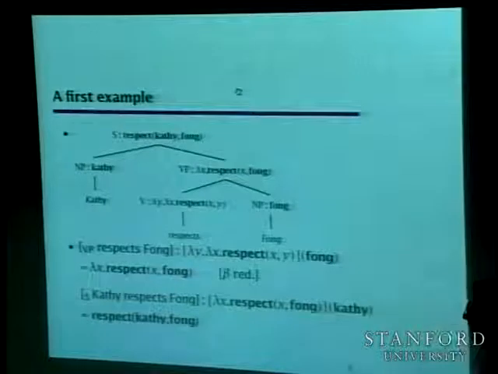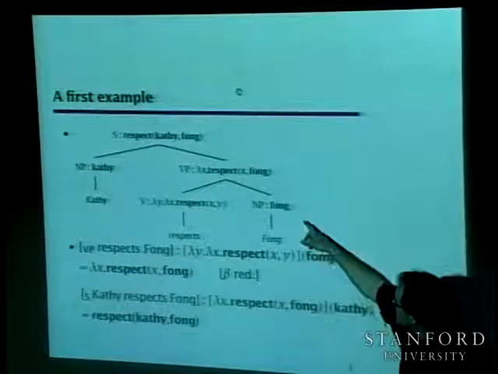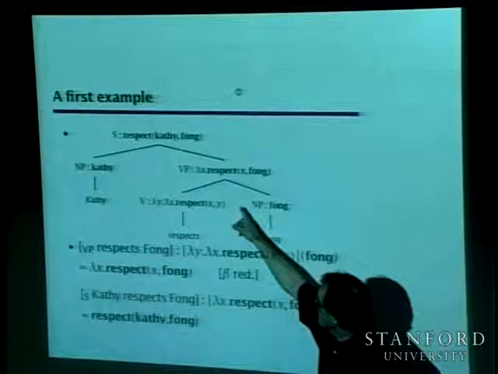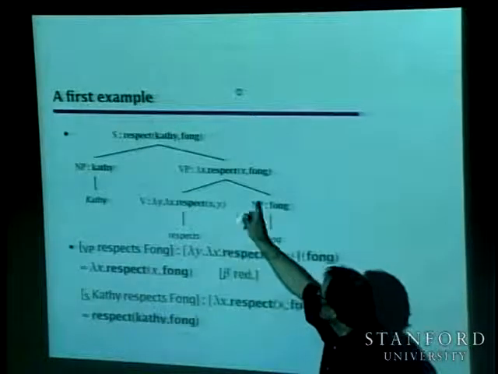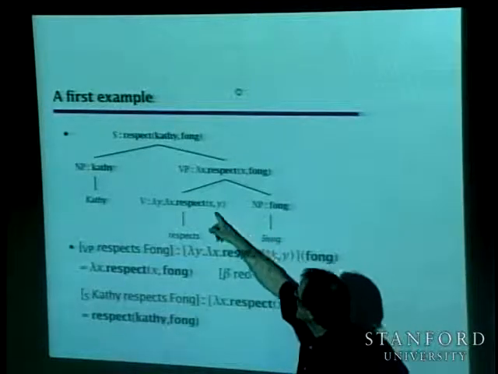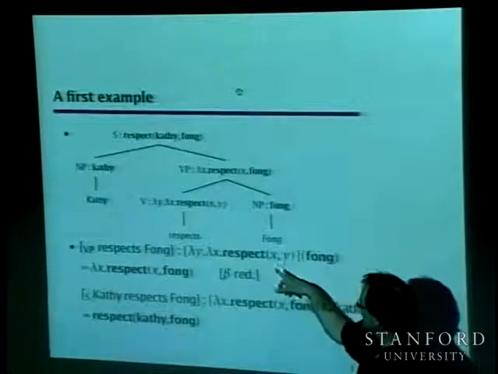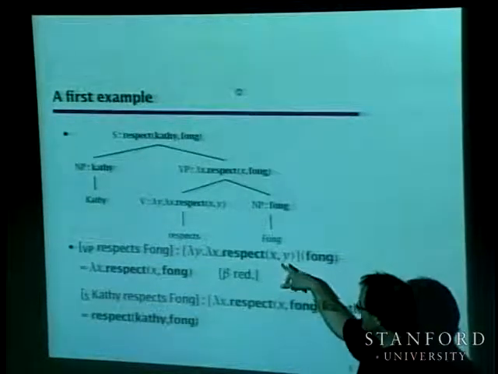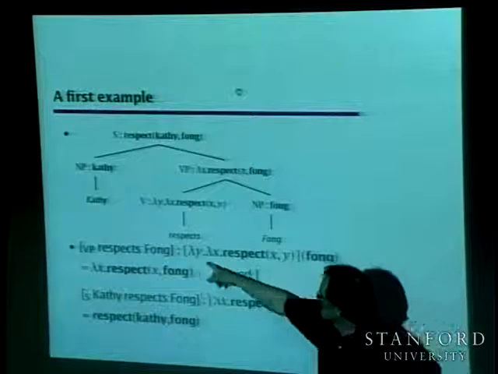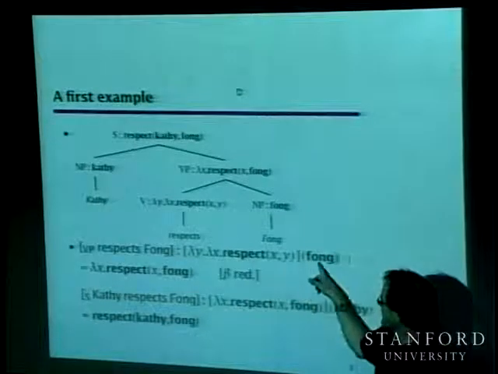Okay, so having this is enough that we can do the same kind of example that I showed last time. We have Kathy respects Fong. We write down the meanings of the words next to their base categories. We can then build a verb phrase where we do function application in lambda calculus. We've got the meaning of respects and the meaning of Fong.